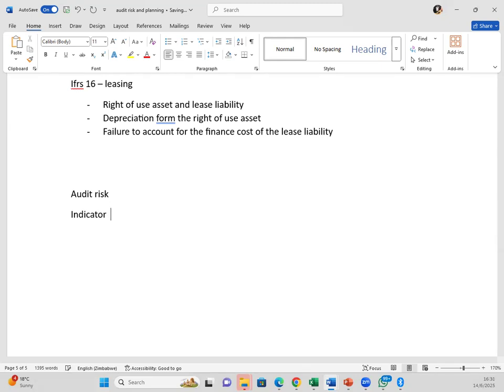You tell us how we are supposed to treat the transaction, the accounting treatment. Then tell us the impact in the financial statements.